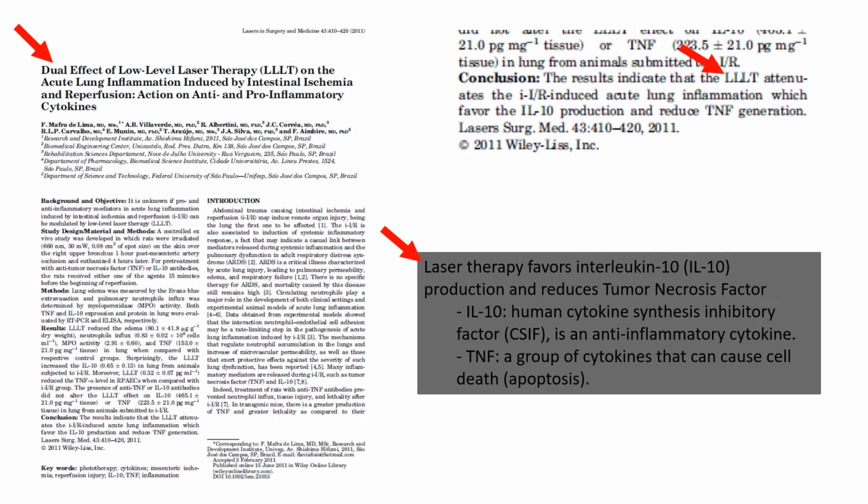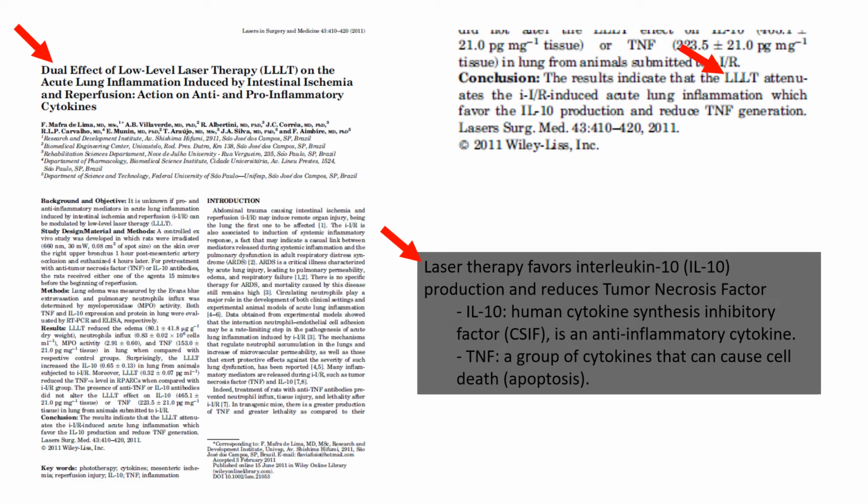Now let's take a look at a few of the studies. We'll start out with some small animal studies. And this one is looking at the dual effect of laser on the acute lung inflammation induced by ischemia reperfusion. Now, ischemia reperfusion injury is a pro-inflammatory event.